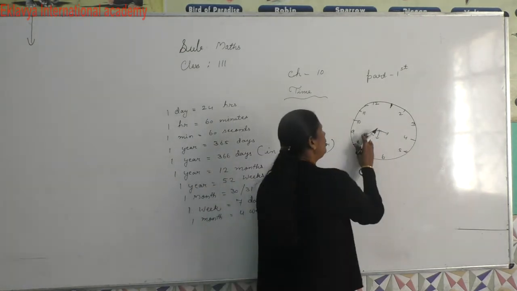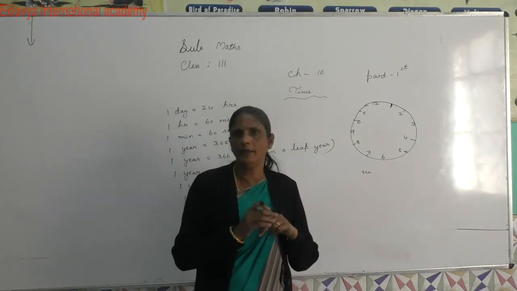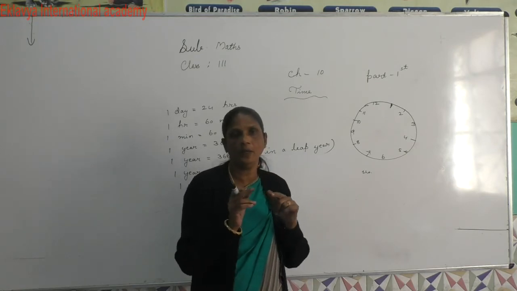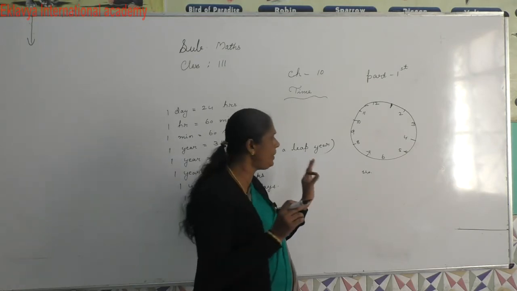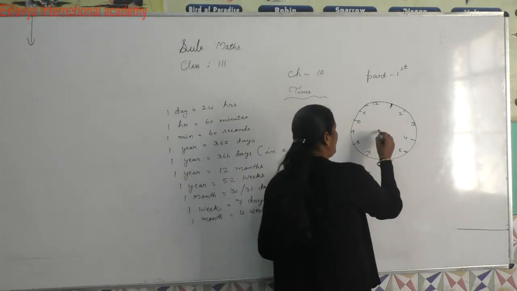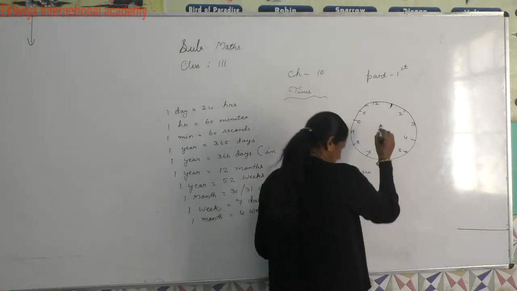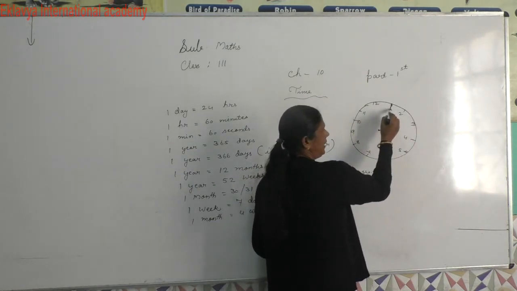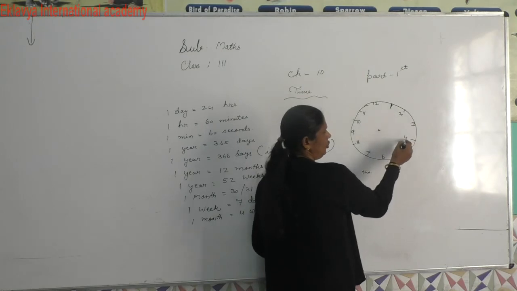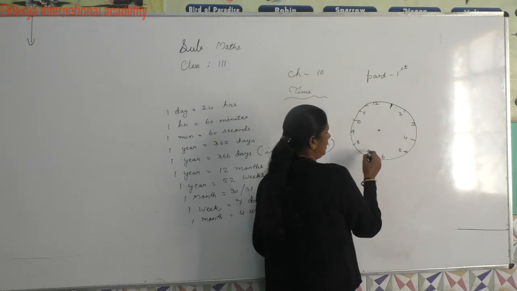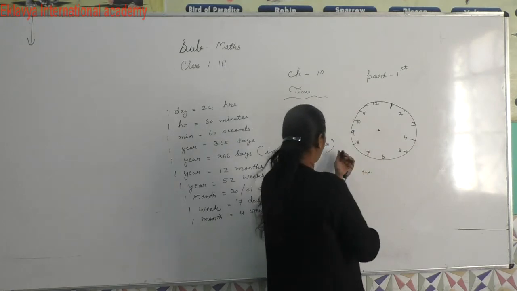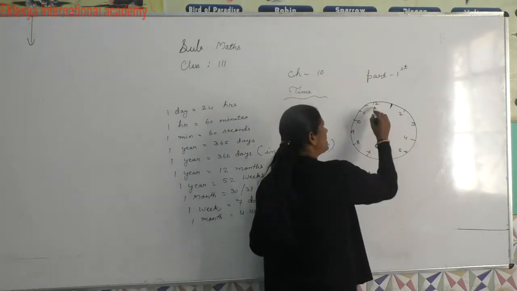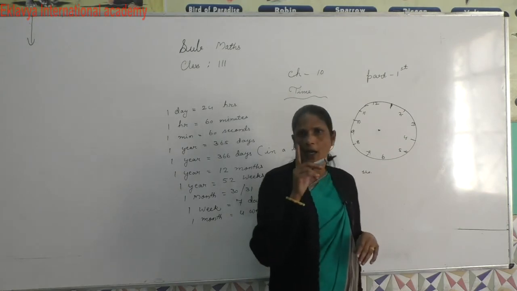Ordinarily we study 2 hands, short hand and long hand. The short hand is the hour hand, the long hand is the minute hand. Then in the hour hand, how many minutes in this? 5, 10, 15, 20, 25, 30, 35, 40, 45, 50, 55, then 60 minutes. 60 minutes form 1 hour.